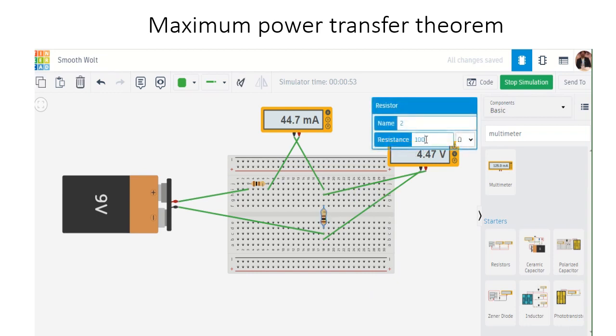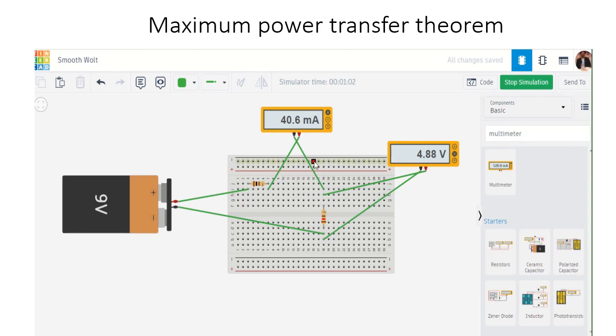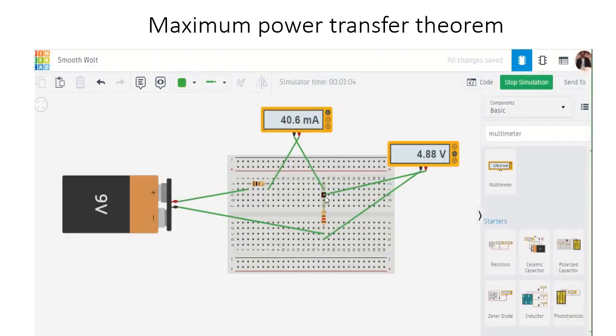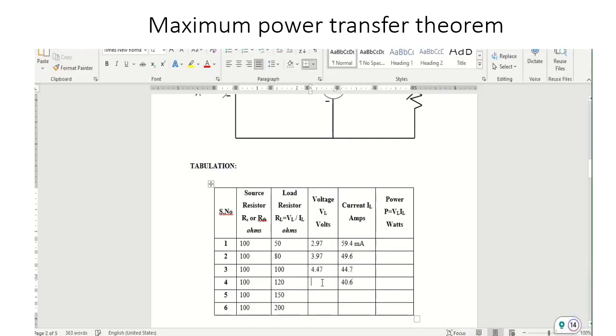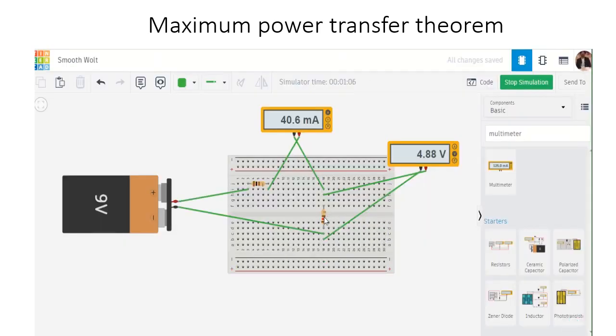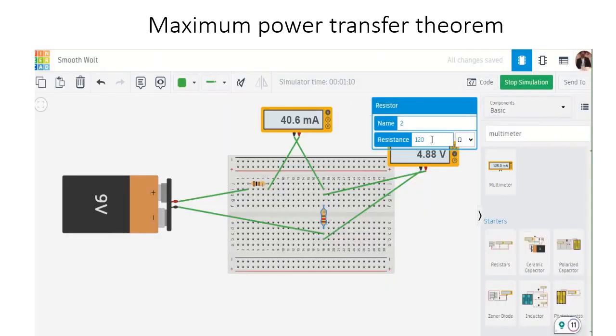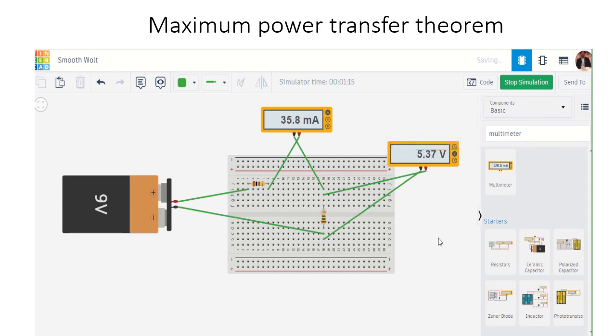Next, I am going to change it to 120. When I change to 120, current is 40.6 milliamps. Voltage is 4.88 volt. Next, let me change it to 150 ohm resistor.